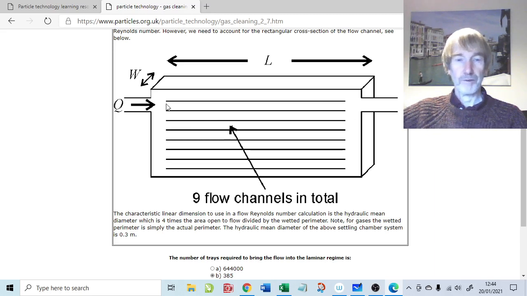The critical particle trajectory model clearly doesn't work using the full channel height available between the two trays, but the critical particle trajectory model will still work in a differential amount, in a differential distance, only we then have to integrate over the whole of the distance to find out how many particles we've captured.